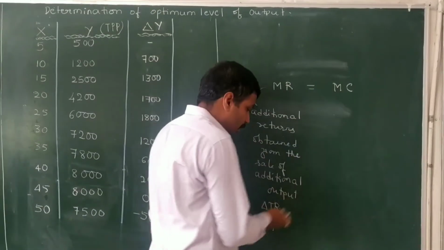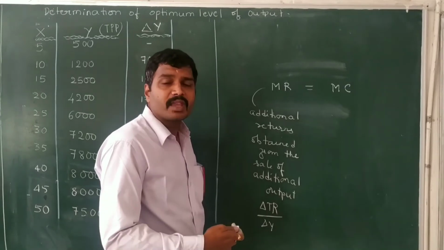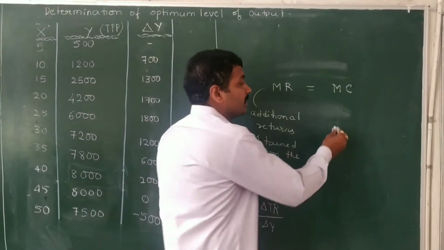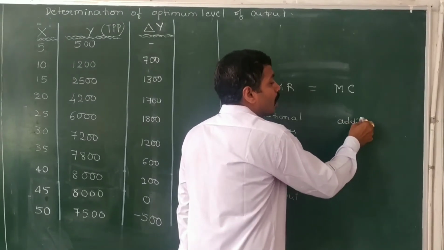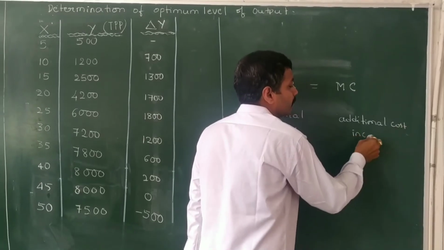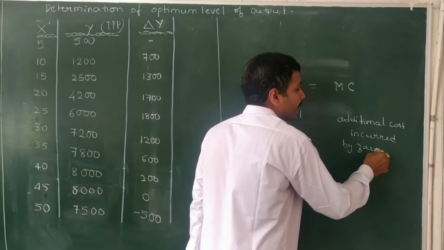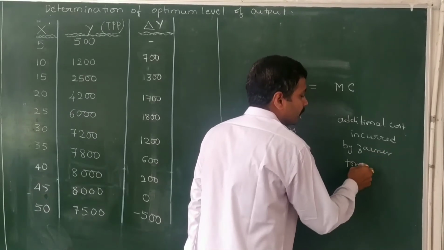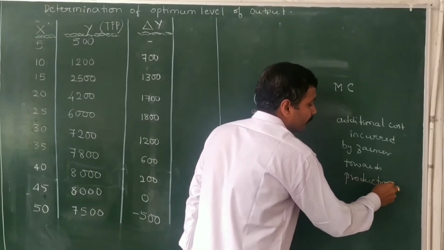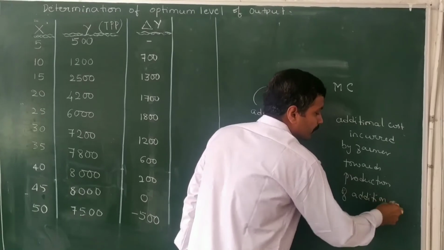Okay. Whereas, in order to produce this additional unit of output, farmer needs to incur expenses or cost, what we call it as marginal cost. It is nothing but additional cost incurred by farmer towards production of additional output.